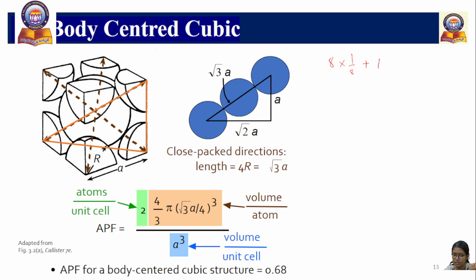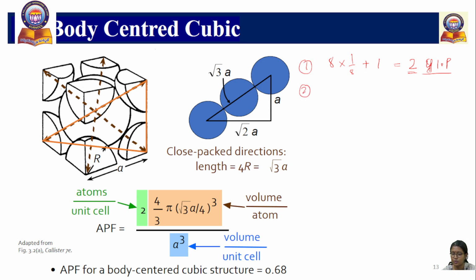No. The whole lattice point is inside this unit cell. So 8 into 1 by 8 plus 1, that is 2. This is the effective number of lattice points for body centered cubic. So is body centered cubic primitive or non-primitive? This is also non-primitive. The effective number of lattice points is 2.